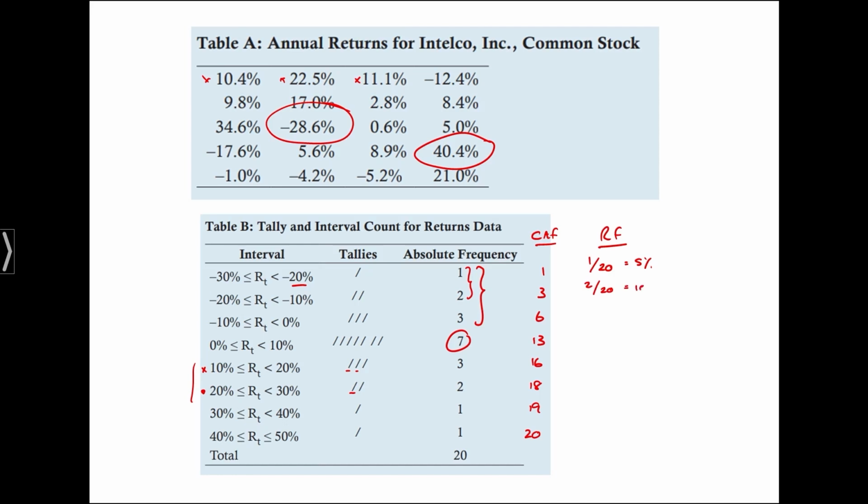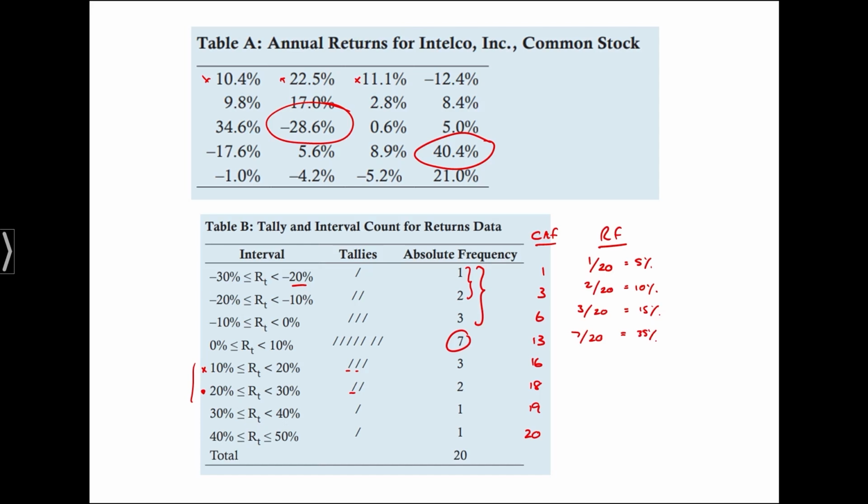So 10% of our observations lie in that interval. And we just keep on going. So 3 observations lie in the interval minus 10 to 0, so that's going to be 15%. 7 observations, our highest frequency, lie in the interval greater or equal to 0 but less than 10, and that's going to be 35%.